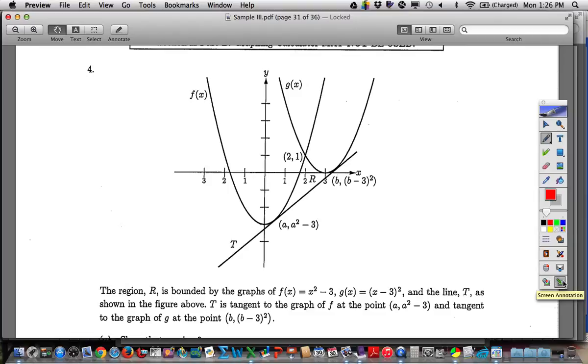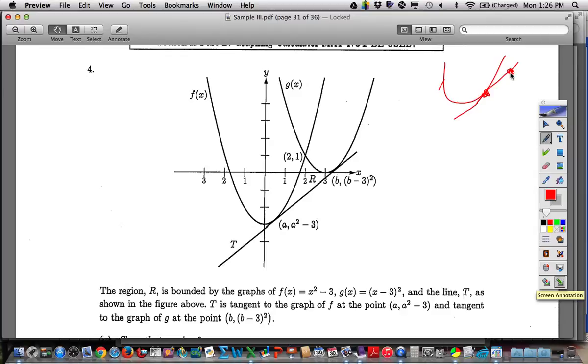The whole point of Shanghai is we've got some curve with a tangent line touching it. We don't know where it's touching, but we know some other point over here. So the way we do Shanghai is we have 2 slopes that are equal to each other. We have the derivative, and then we have the slope between the 2 points. And we can set those equal to each other.